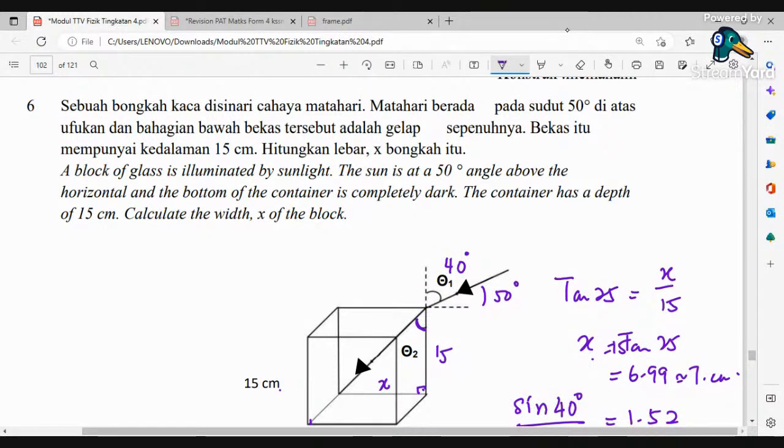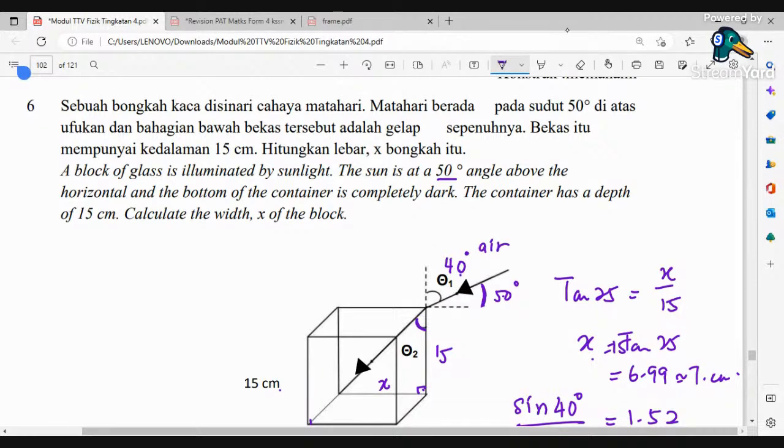Okay, this question you can read clearly. The sun is at 50 degrees angle from above the horizontal. So means if this one is 50, then theta 1 is 40. Okay. So this is angle in air.